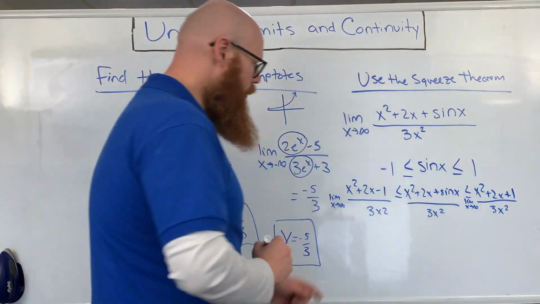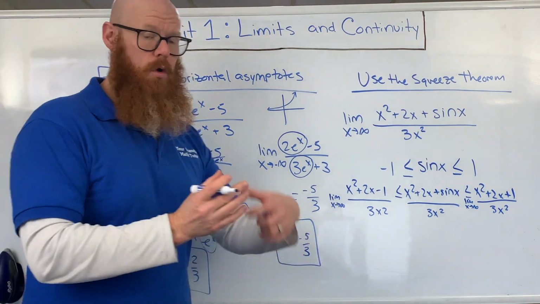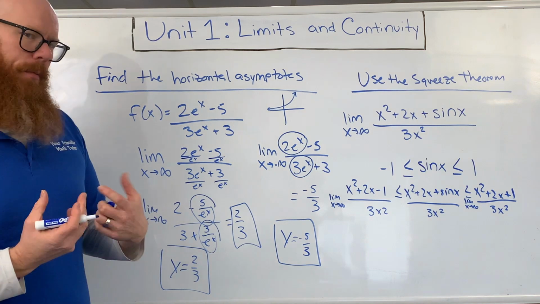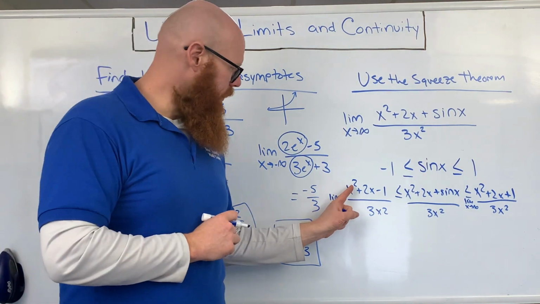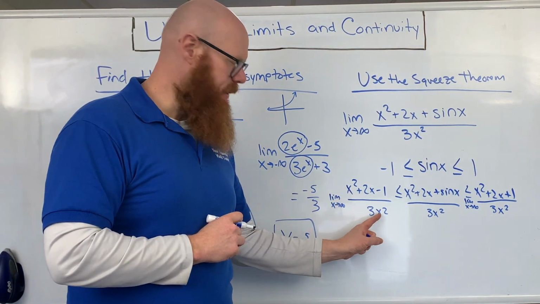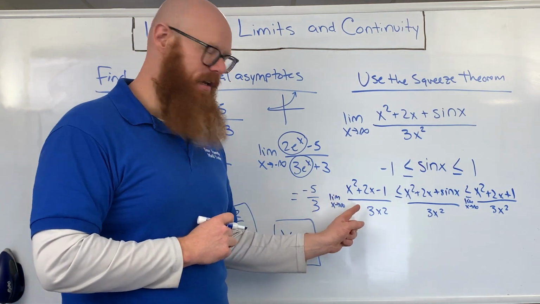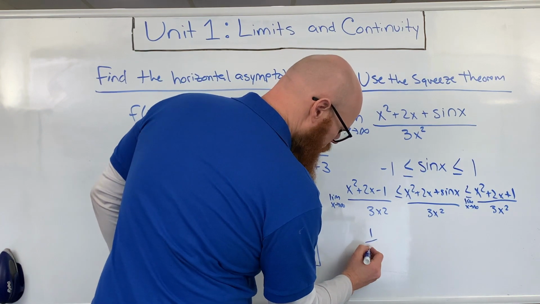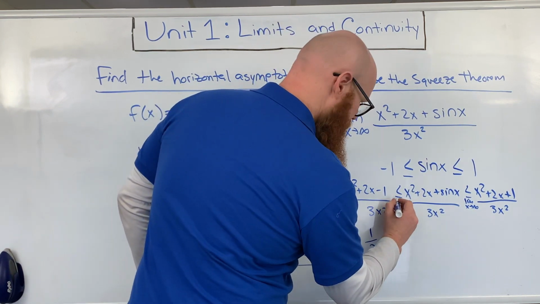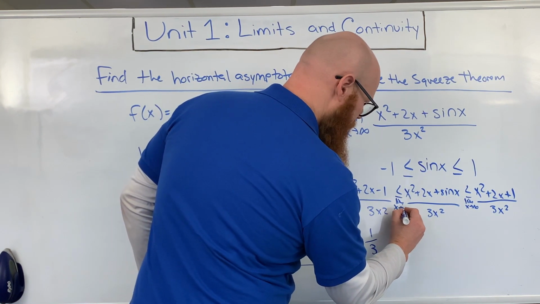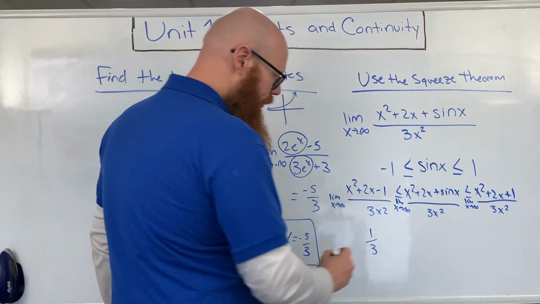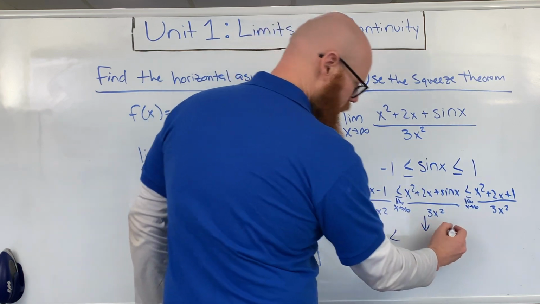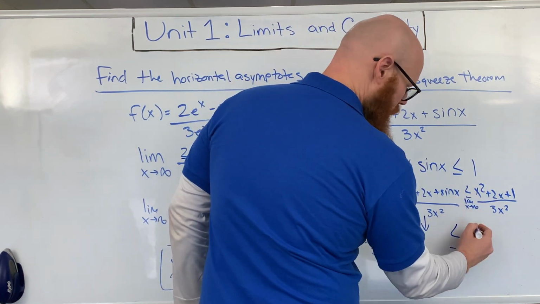All right. And the way we're going to solve these is we could do what we did before, divide everything by x squared. Or if we remember a quick rule, when the degrees of the numerator and the denominator are the same, we can just divide our leading coefficients. So this one gives me 1/3. And actually, to be correct, we're taking the limit of all three of these. 1/3 is less than or equal to this limit, which is less than or equal to this limit, which is also 1/3.